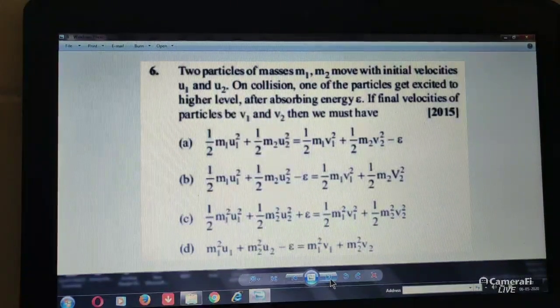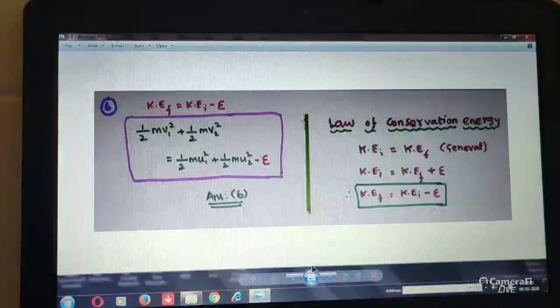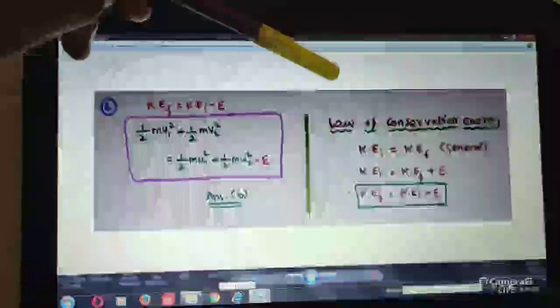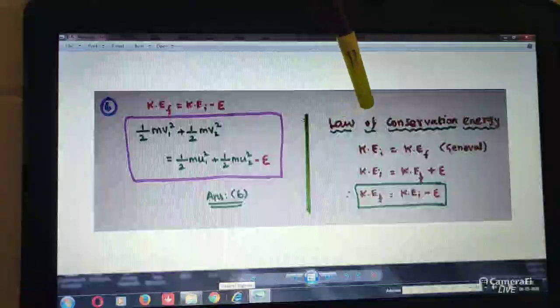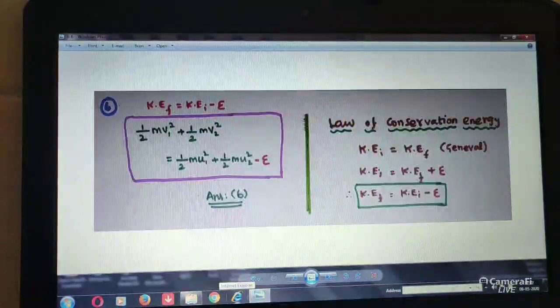Please listen. See that, the law of conservation of energy.